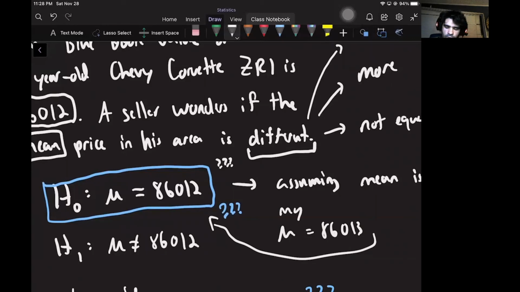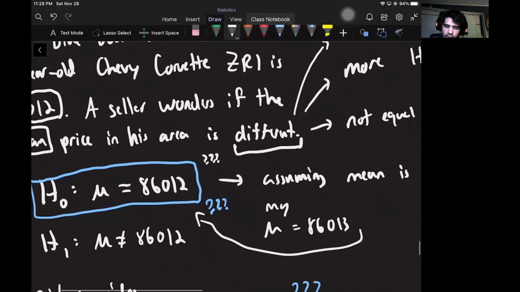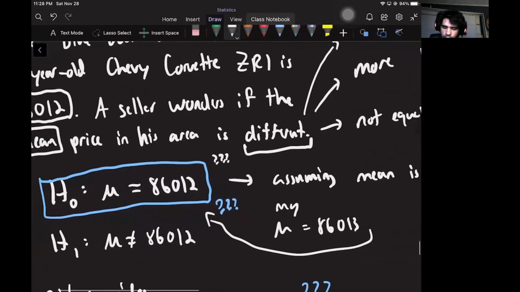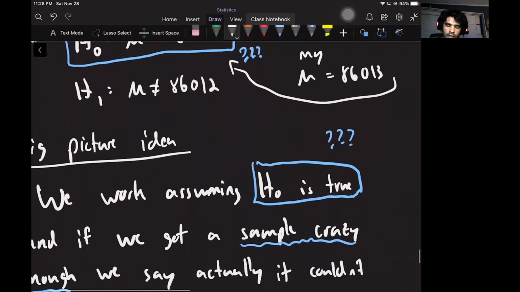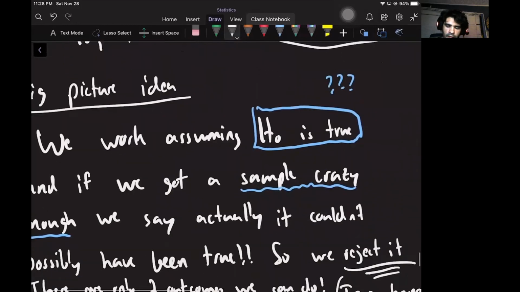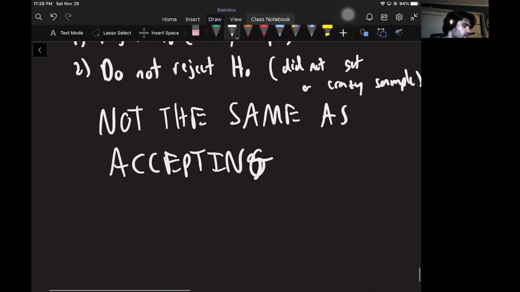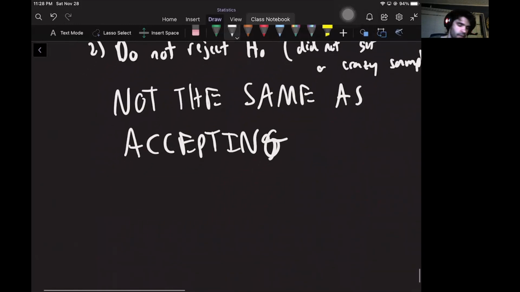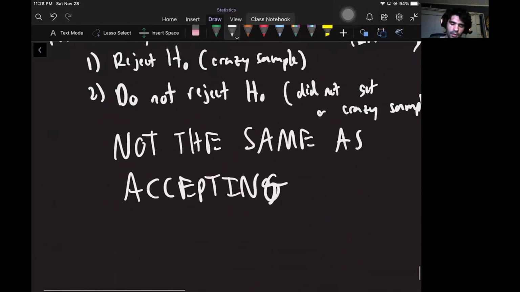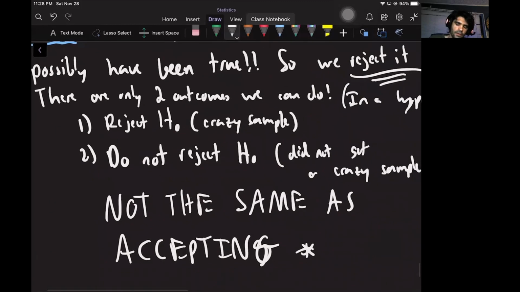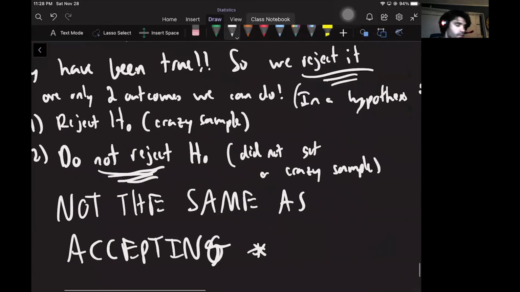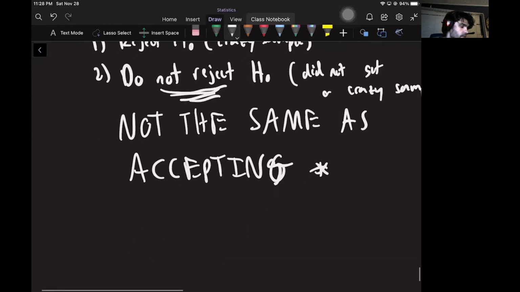This must be true because my sample was so close to it. No, I'm not going to say that because all I did was get a sample that supports something that I was already pretending was true in the first place. I can't prove something true if I'm already pretending it's true. That's the idea. So I can never accept the null hypothesis. The best I can do is not reject it because I got something that wasn't that crazy. That's the big picture idea.